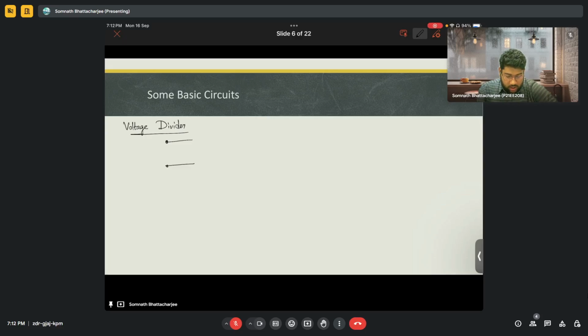If a voltage is applied to a resistance which is in series with another resistance like this, let's say this is the input voltage V in and this is the output voltage, we need to find the output across these two resistances connected in series. In this case, let's say R1 is a sensor, a resistive type sensor.